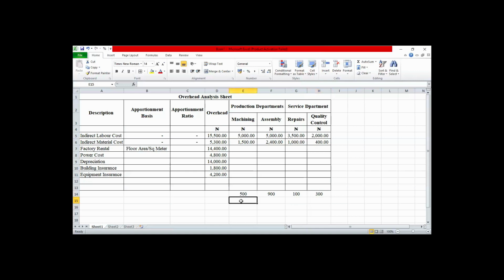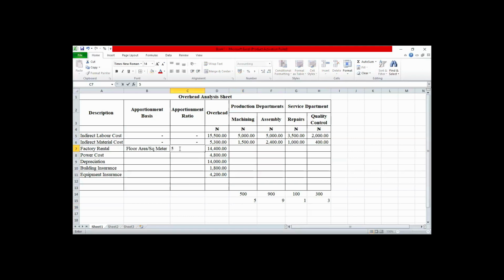We can say all of this is divided by 100. 500 divided by 100, you have 5. 900 divided by 100, you have 9. 100 divided by 100, you have 1. 300 divided by 100, you have 3. Your ratio will now be 5 ratio 9 ratio 1 ratio 3. Is it clear? Yes, sir.